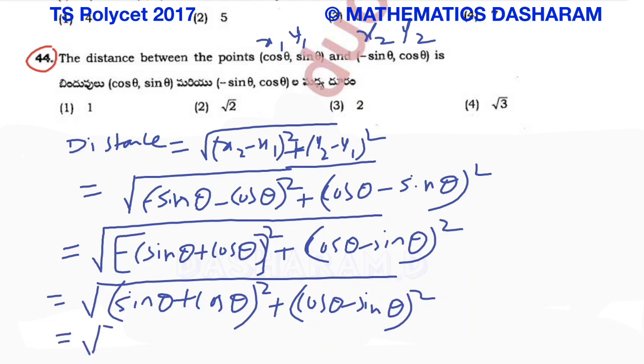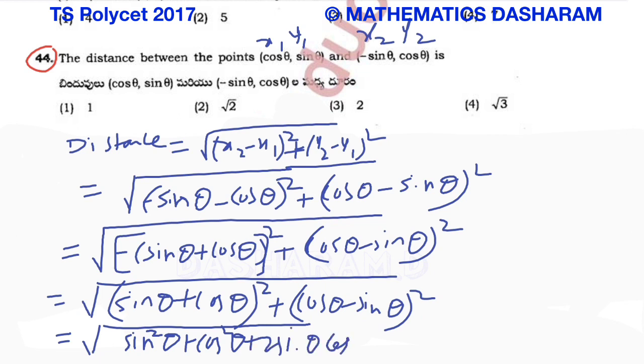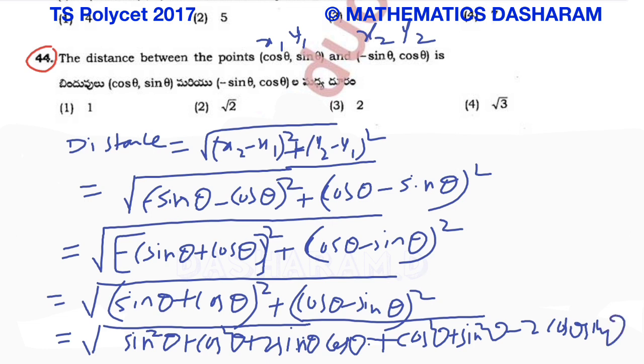So it is equal to under root sin square theta plus cos square theta plus 2 sin theta cos theta, next, cos square theta plus sin square theta minus 2 cos theta sin theta. Here these two are cancelled.